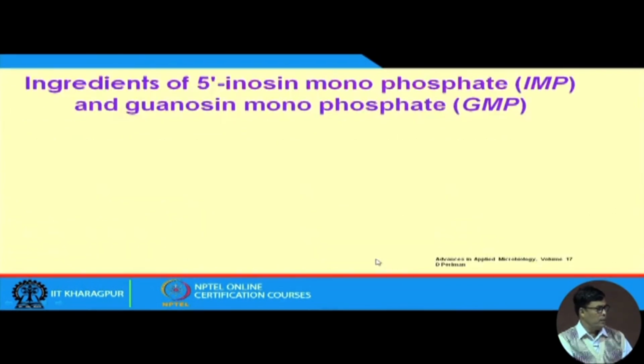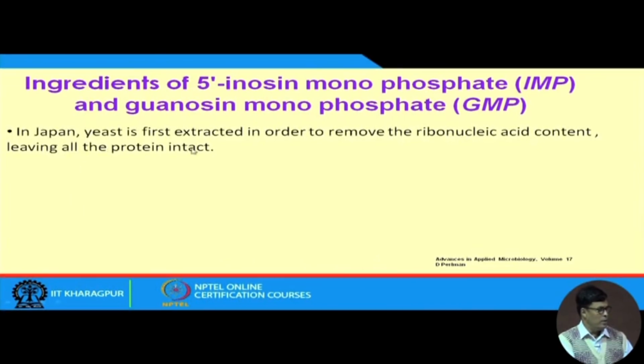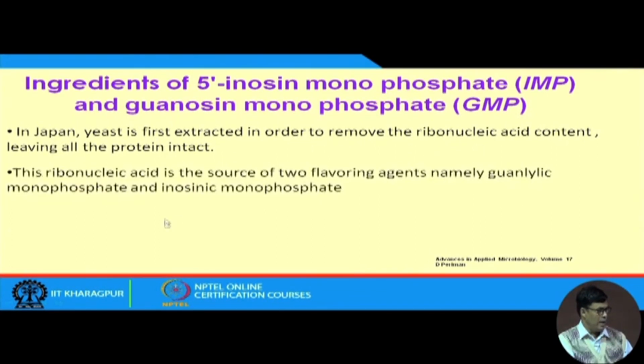Now, there are ingredients such as inosine monophosphate and guanosine monophosphate, the IMP and GMP. In Japan, yeast is first extracted in order to remove the ribonucleic acid content, leaving all the protein intact.